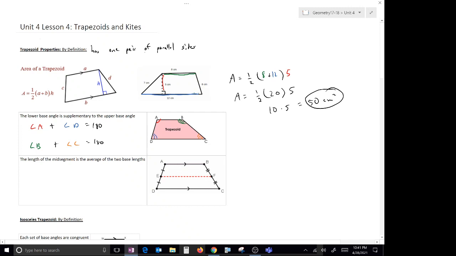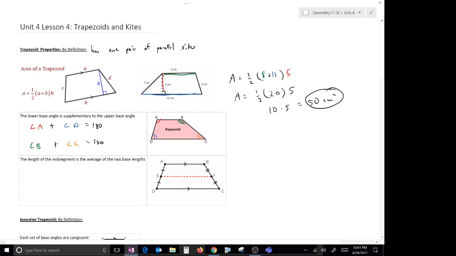But not all consecutive angles. So only A and D and B and C. You can't add A and B together to get 180. In fact, you can already tell that both of those are greater than 90, so there's no way that those would add up to 180.